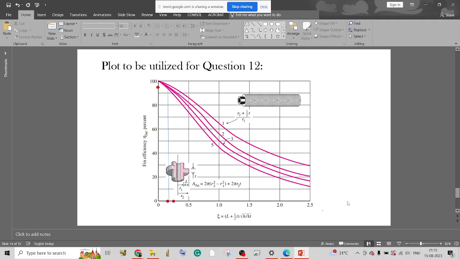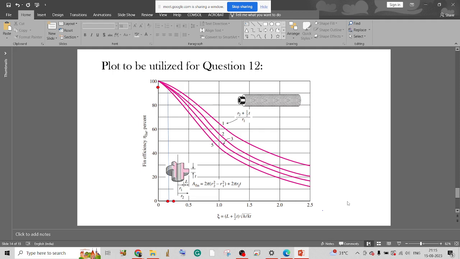This came out to be 0.207. Now, from the graph, as I've already shown, how to find out eta, the efficiency of the fin, it is 0.95, right? So now the area of the fin we need to find out.